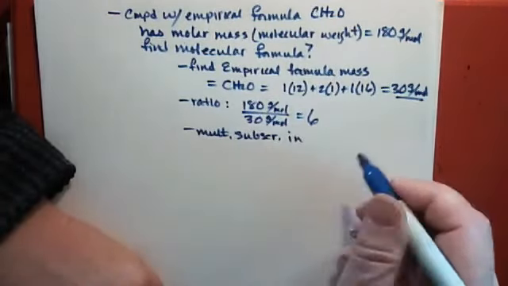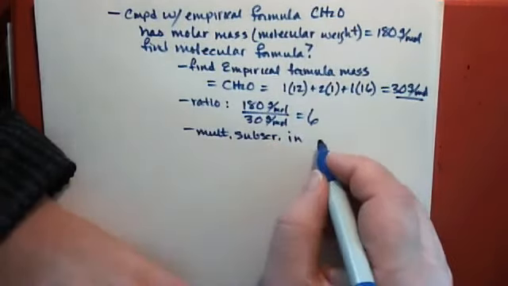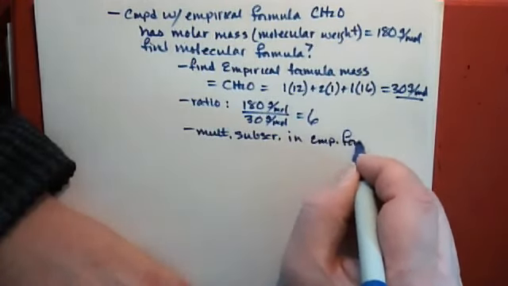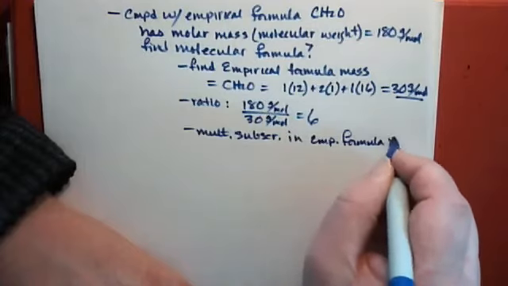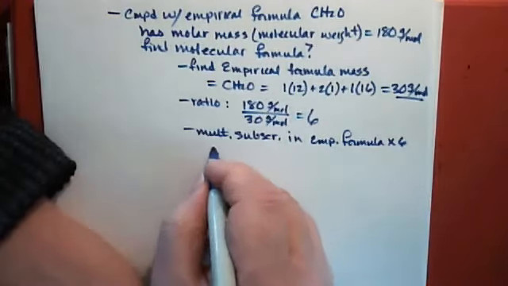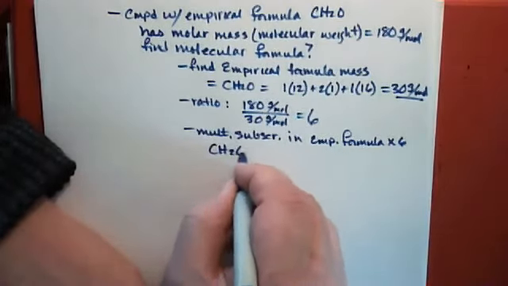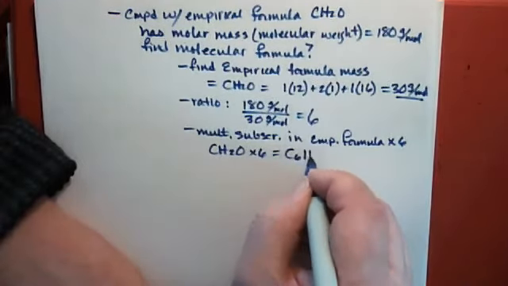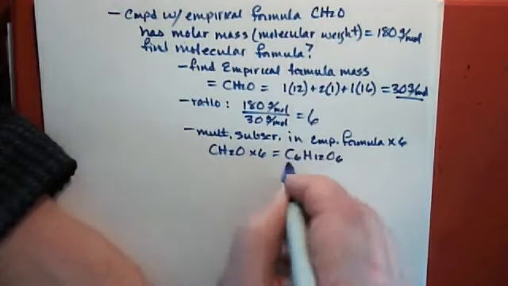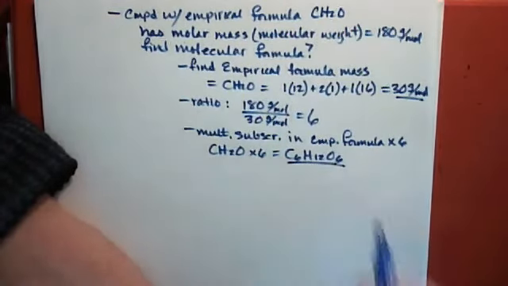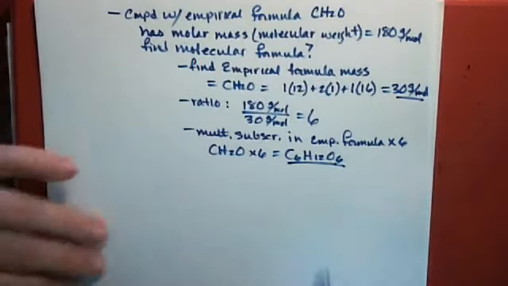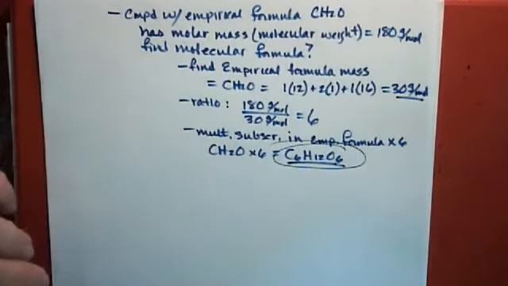So you multiply the subscripts in the empirical formula by 6. And lo and behold, it's our old friend glucose, C6H12O6. And that is your molecular formula.